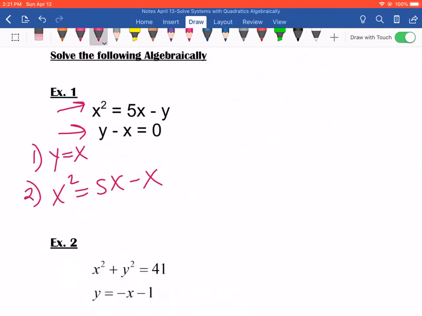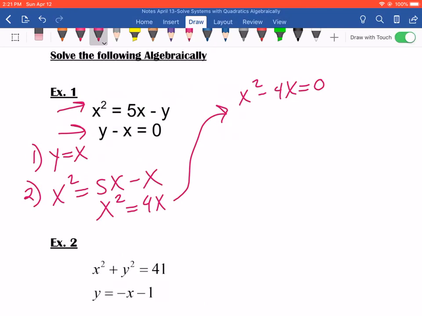Go ahead and combine like terms here so that we can solve for x. So x squared is equal to 4x. Here we want to get everything over to one side of the equal sign, set equal to 0, because we have a square term and a linear term. So carrying this on up here so I don't run out of space, I have x squared minus 4x is equal to 0.